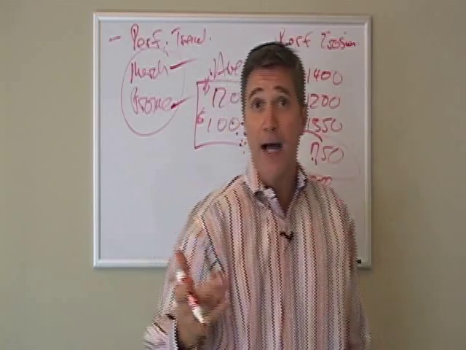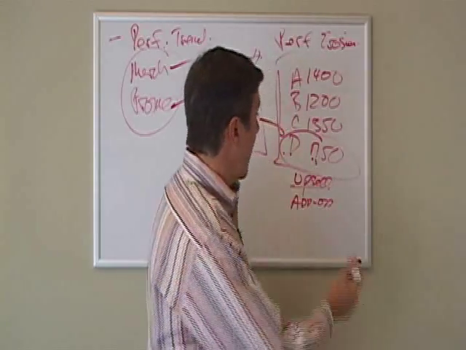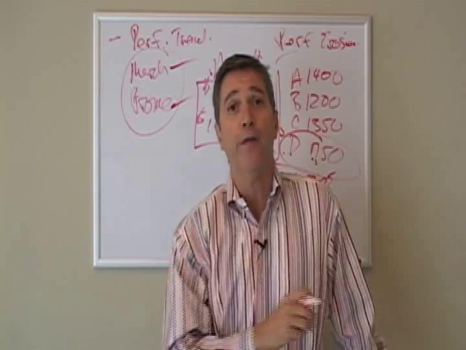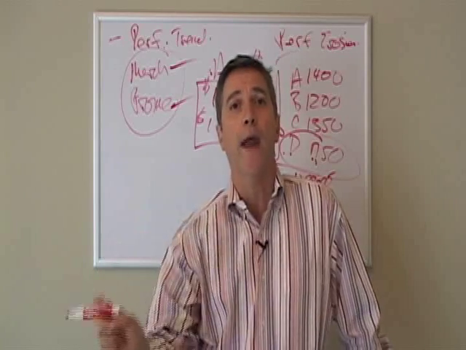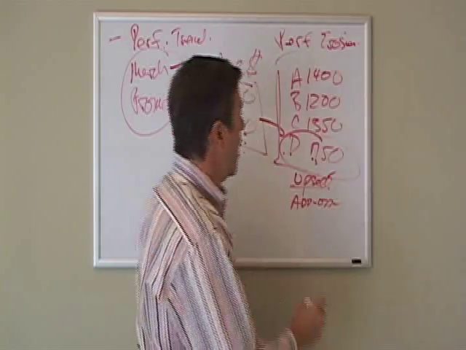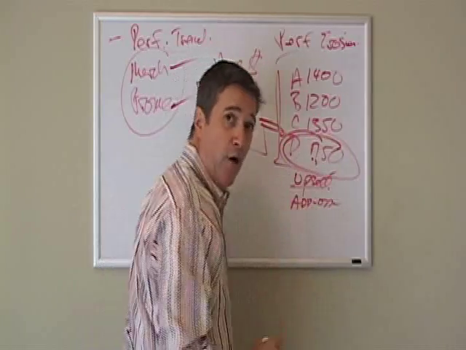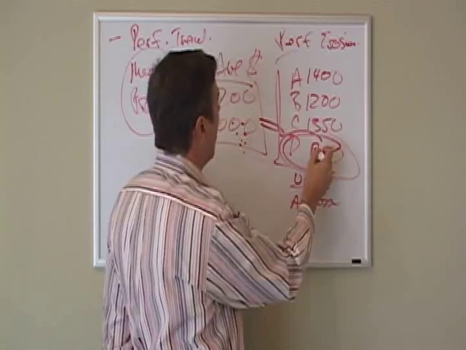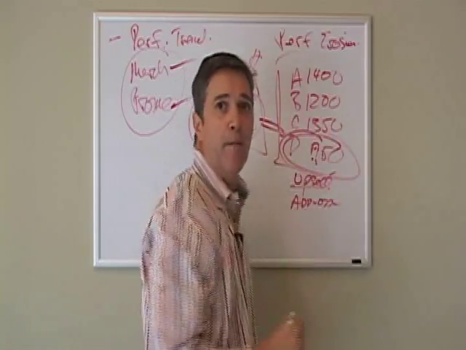Now, I've got other modules that will show you techniques on how to upsell or how to add on. But before you can go there, you have to determine where the erosion is coming from. Address this area, find the erosion here, fix this problem, and you'll watch this number go up.